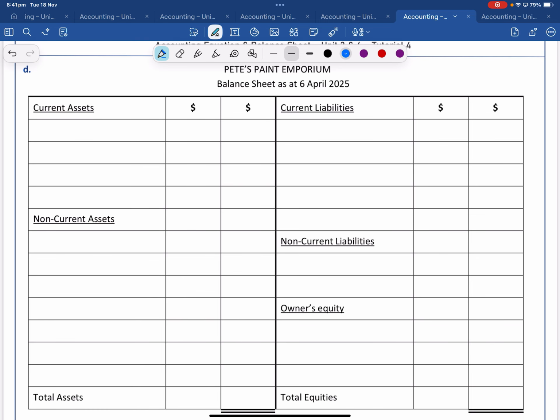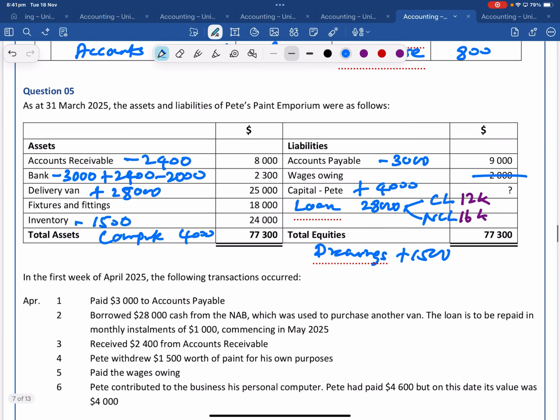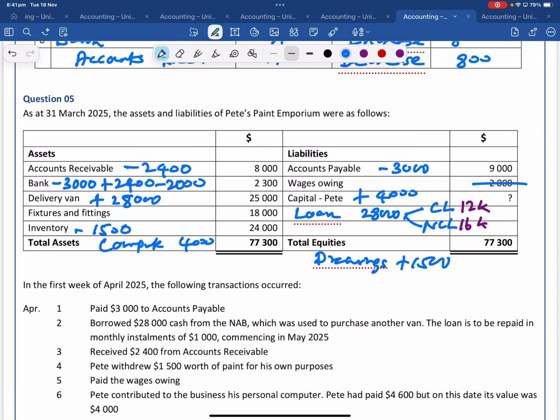Hold on. Now I'll start with the bank. I'm not sure if it is a negative. It's an overdraft, yes, so it becomes negative. Right, plus 100. It should be 300. Hold on. It should be 300.